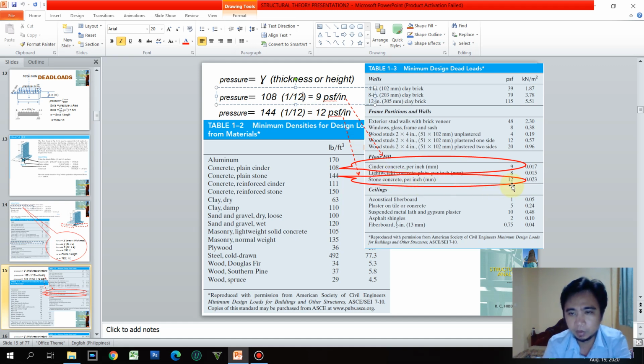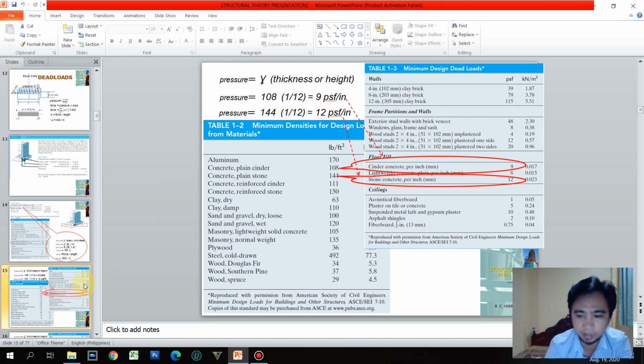So we have used here lightweight concrete in between, that is 8. Actually, that is missing here in table 1-2. But if we wanted to compute that, we just reverse this procedure.